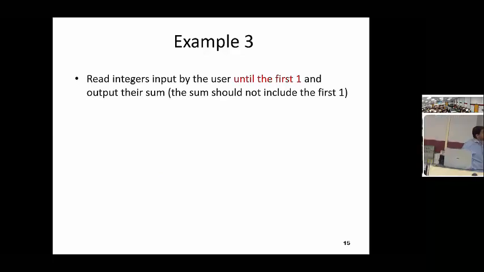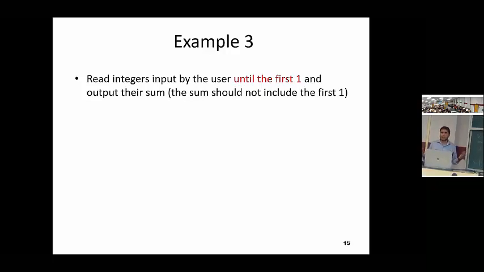Then the third example would be, we want really to read integers, more or less the same thing, but here I don't have a number. So I'm not saying I need to read 10 or 20 or something different. I need to read integers and keep reading them until the user inputs a specific number. In our case, it's 1. So I'm using 1 as a special number to determine that the user is done.